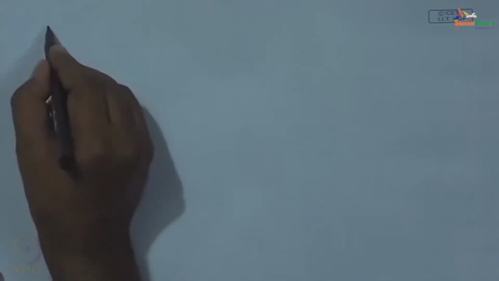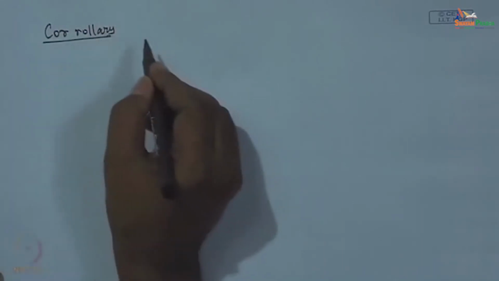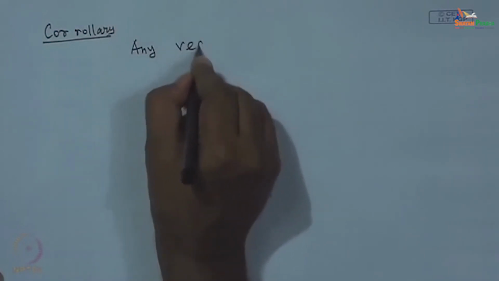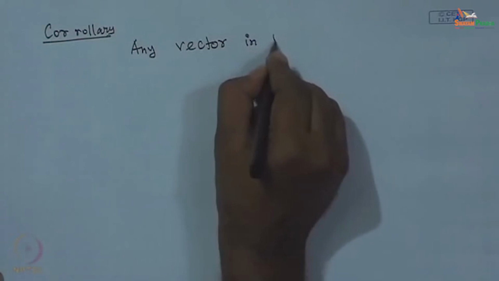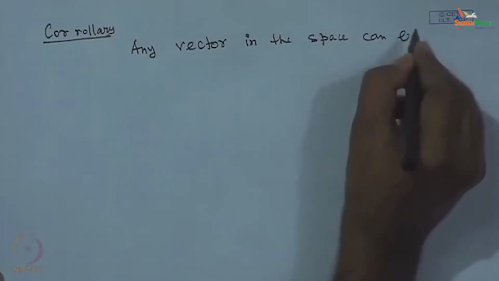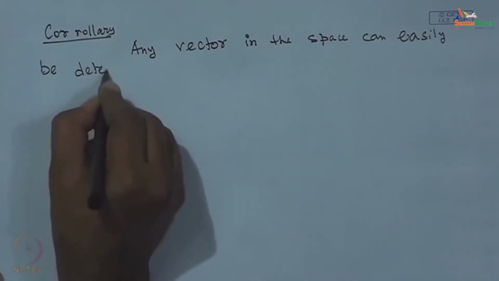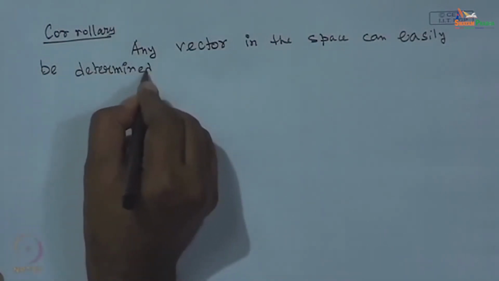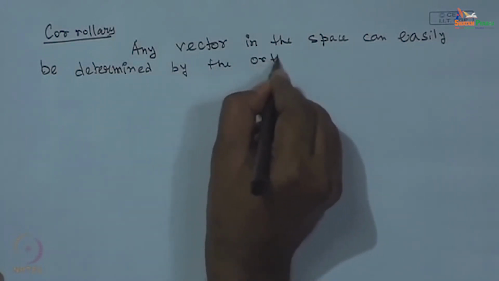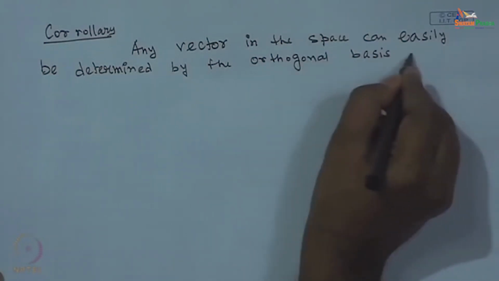So, what is the corollary? The corollary is that any vector in the space where we are working can easily be determined by the orthogonal basis set.